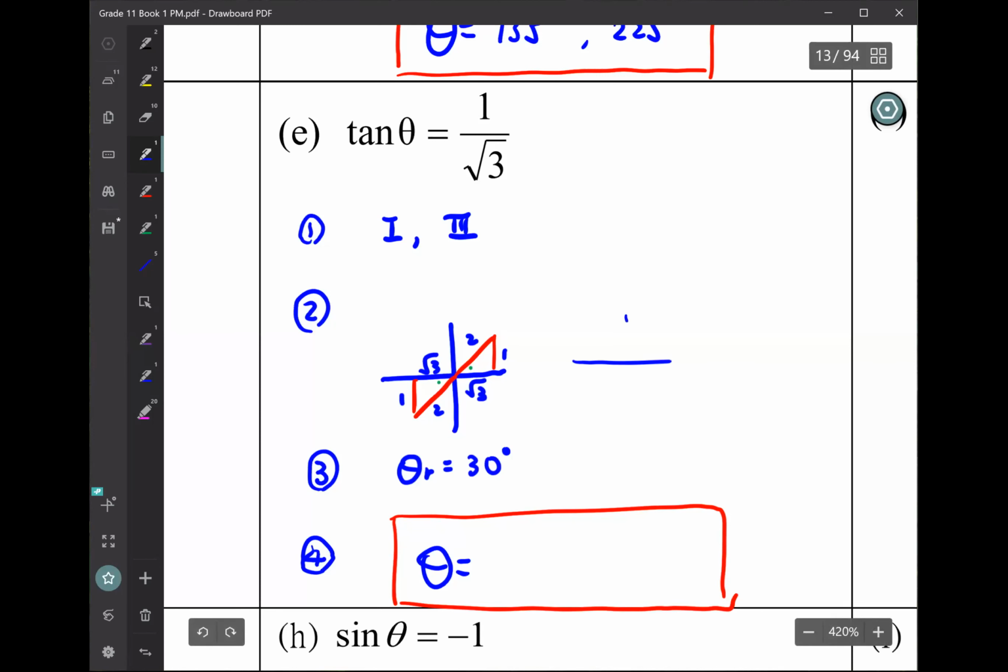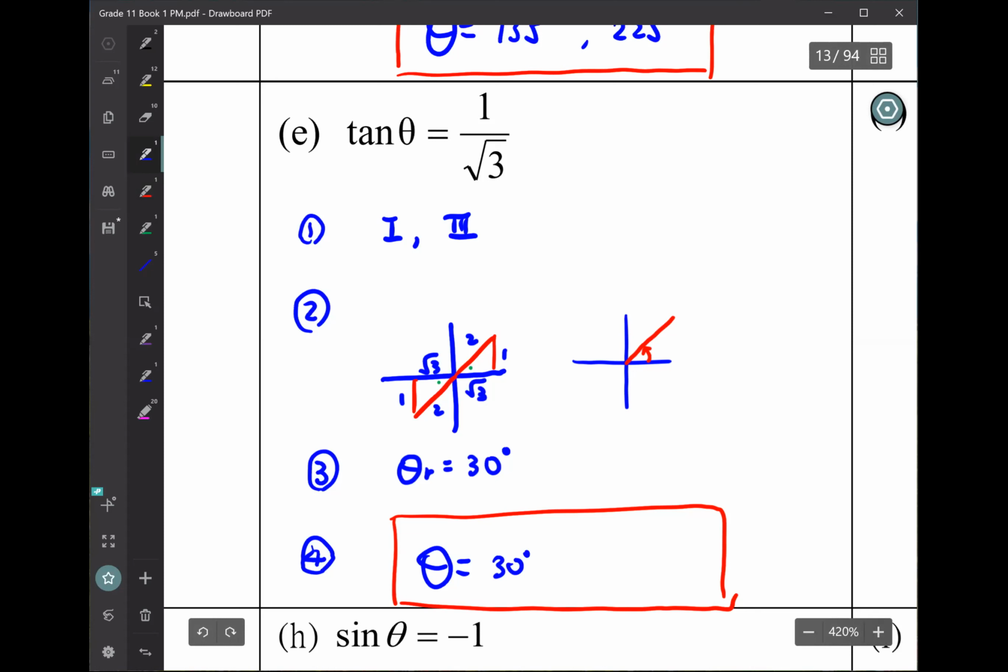The first, look at the picture, okay? The first angle we want to get is in which quadrant? 1. First quadrant, right? Over there. Do you see it? Yeah. Okay. Do you know how big this angle is? Wouldn't it be 30? Yeah, so that's our first answer.